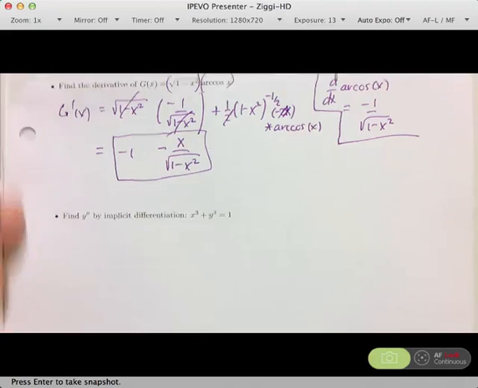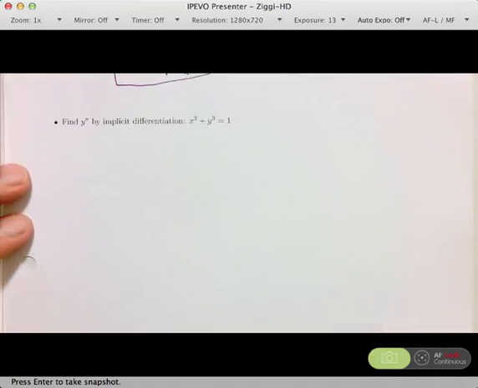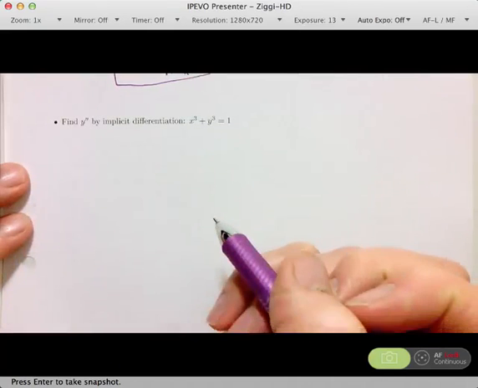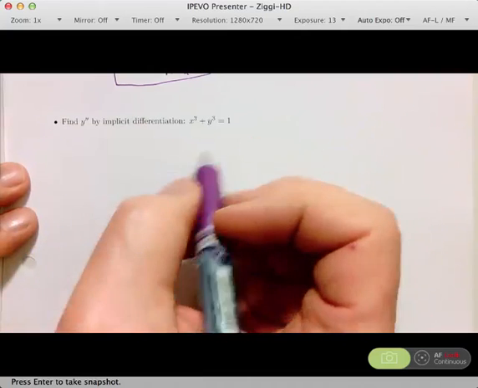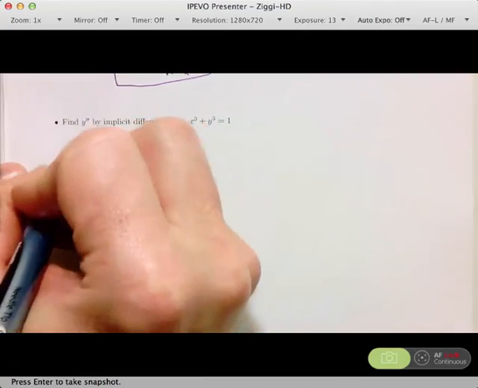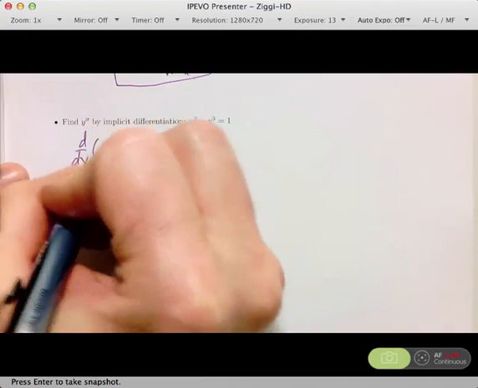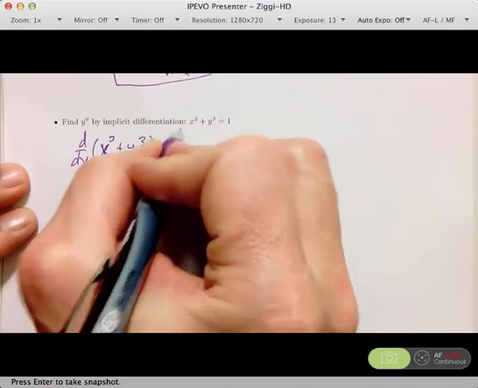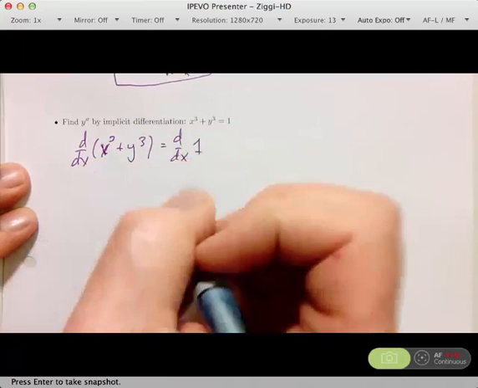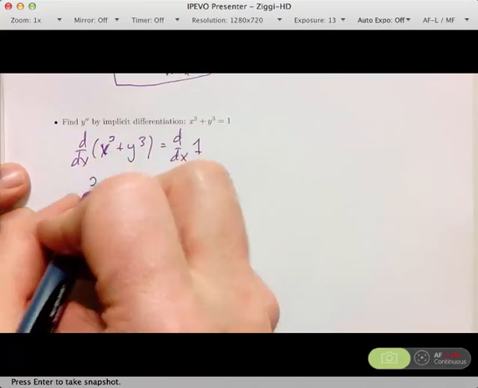Alright, finding second derivatives. If you need to, go back and review my video on 3.5. We do an example of this in there. Basically, we have to differentiate twice, but then we get a little clever here and there. So, differentiating once. 3x squared.